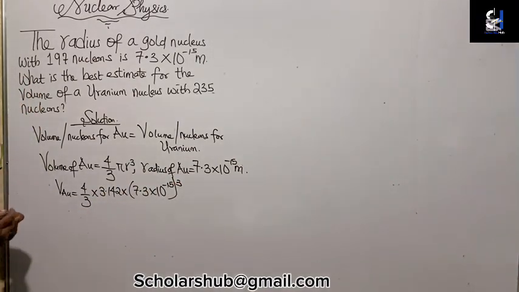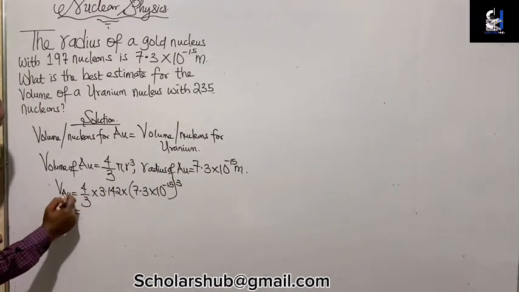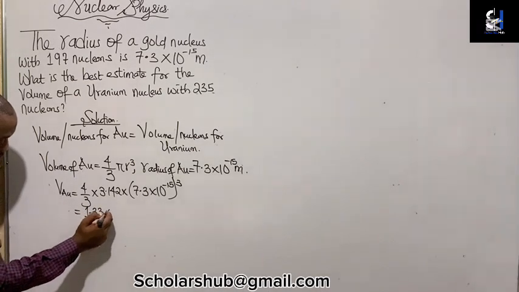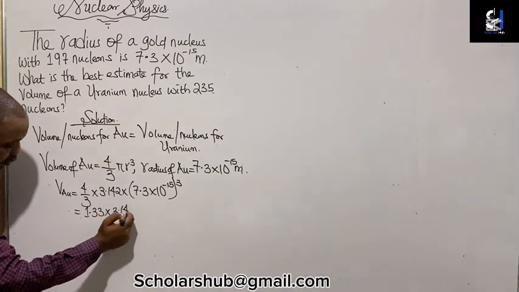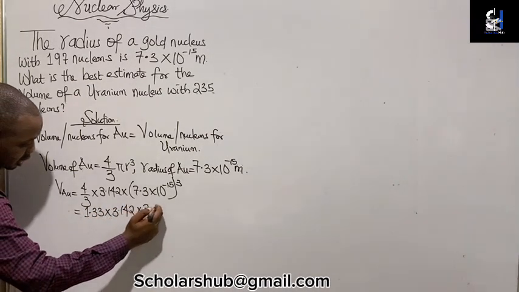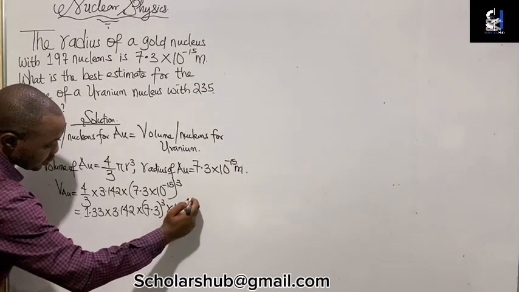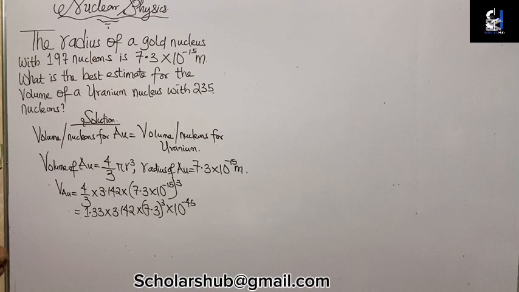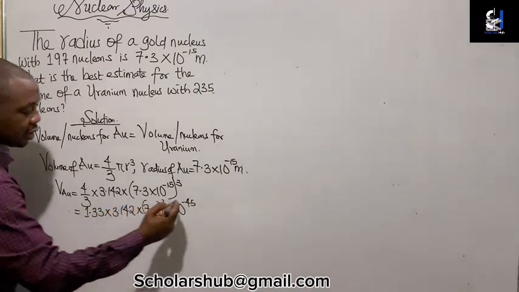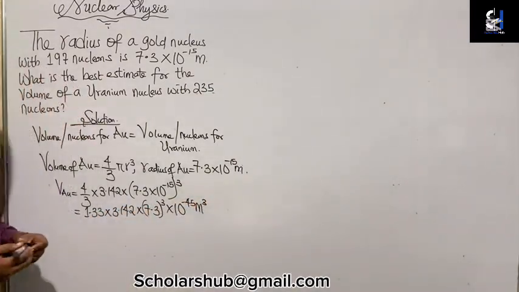This will be 1.33 multiplied by 3.142, then 7.3 raised to the power of 3, then multiplied by 10 raised to the power of minus 45, because 3 multiplied by negative 15 is negative 45, and this will be in cubic meters.